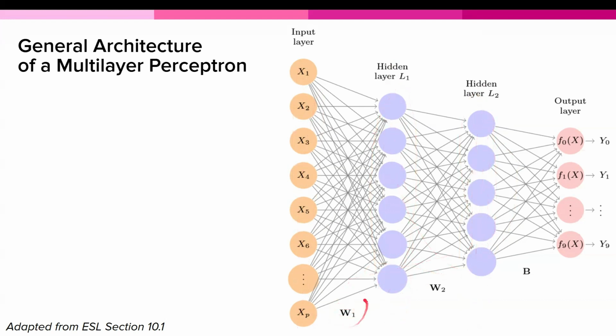And so we'll have a projection matrix from one vector space to the next, and then another projection matrix between the intermediate hidden layers. And then on the output, in general, we might also not restrict ourselves to linear functions of the most recent hidden layer.